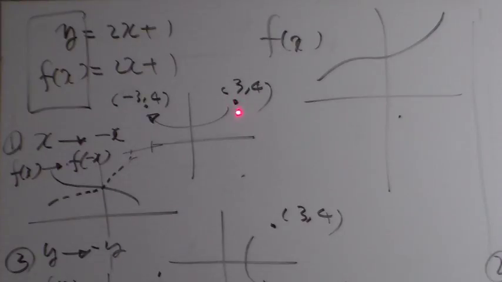Y is the same, but x is 3, then x is minus 3. That means x is replaced by minus x. That's the meaning of this, and that's why f(x) changed to f of minus x.